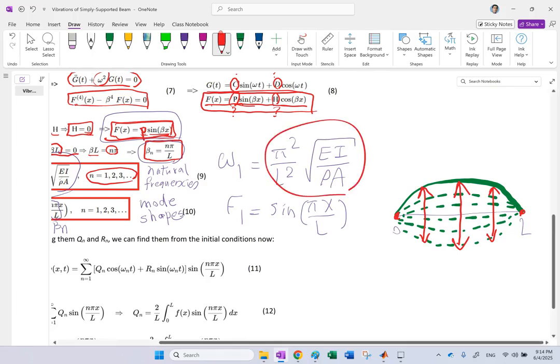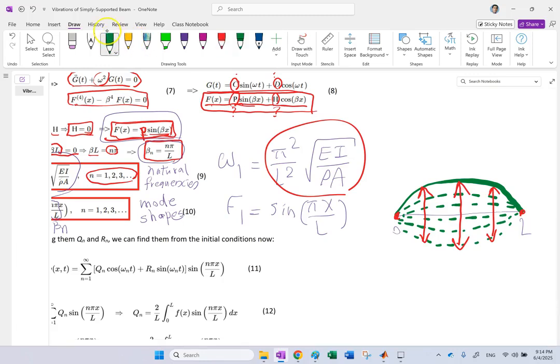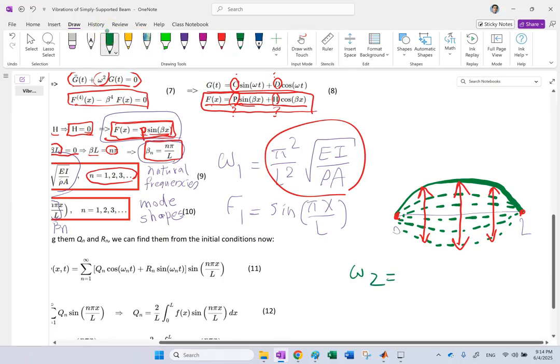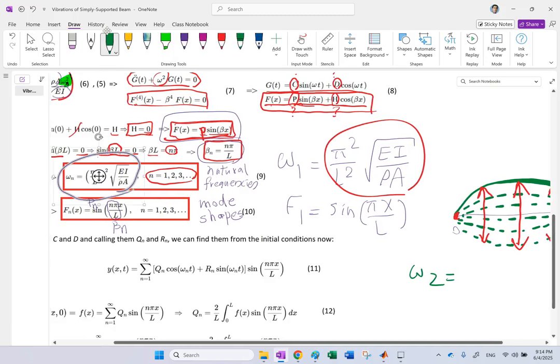Then if you plug in, for instance, omega of 2, then omega number 2, all you need is to plug in a 2 in that formula.